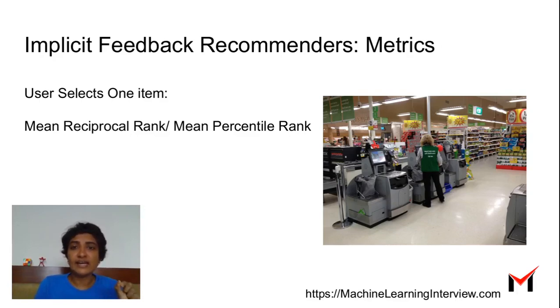If the correct item is shown in the first place, its rank is 1, so you get 1 by 1, so your reciprocal rank is 1. If your item is shown at the second place, then the reciprocal of your rank is 1 by 2. And if it's shown at the third place, it's 1 by 3 and so on. The lower it is, the lower the value. Mean reciprocal rank is the mean for all the different data points or all the scans you do.